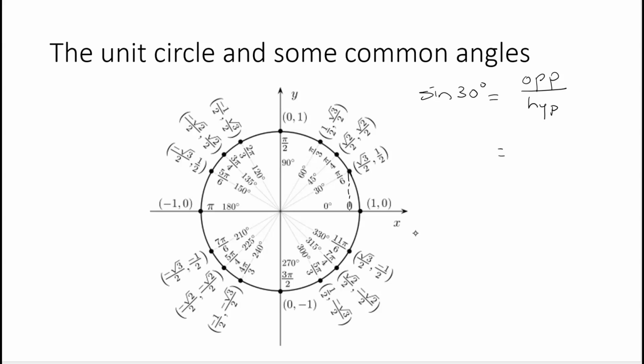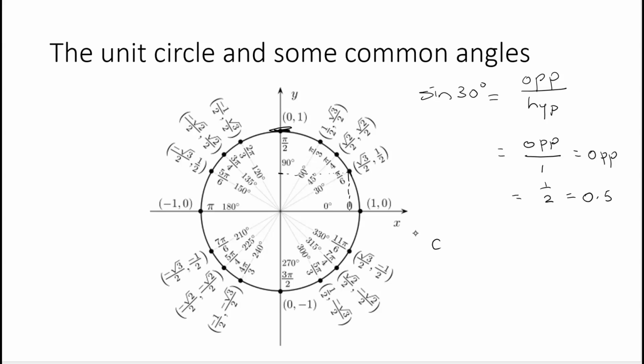Again, it's a unit circle, so it's the opposite over 1, or just plain the opposite length, and taking a ruler or even just eyeballing that, it looks like it's a half or 0.5, because remember it only goes up to 1 at the maximum, and this is about half. It is half.